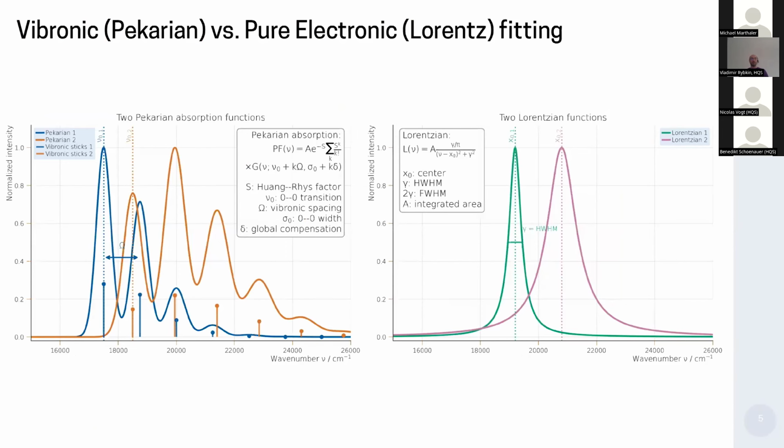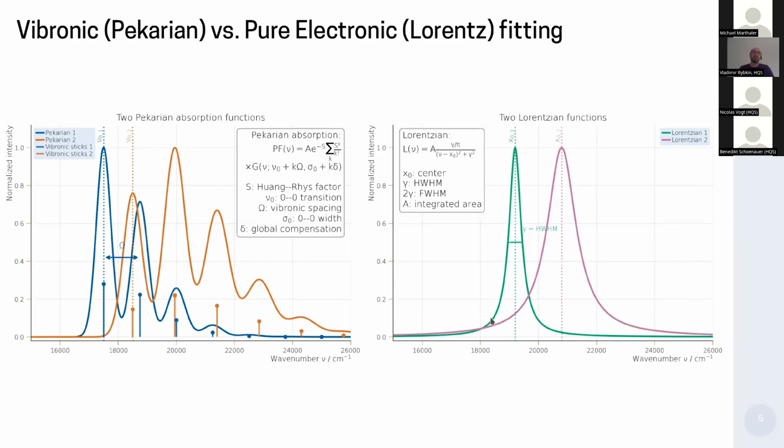For that, we need first to retrieve or rescue the data and then to fit it meaningfully. We can do it twofold. The most common method is to fit them with Lorentzian functions, which I show on the right. So these are simple symmetric functions based on some simple physical models of broadening, and they don't incorporate any fine structure.